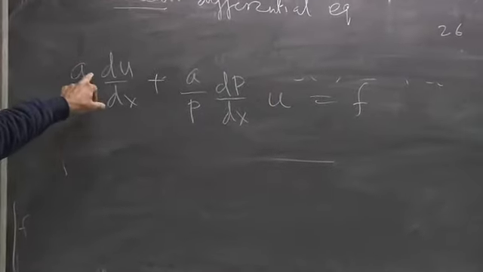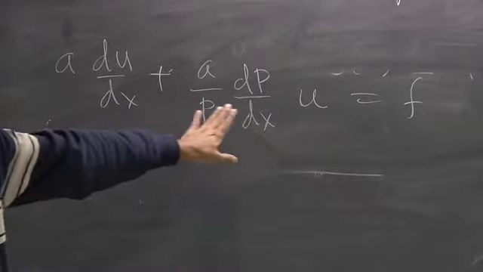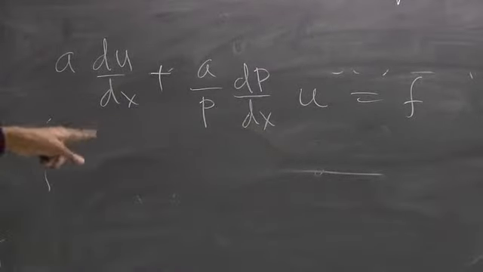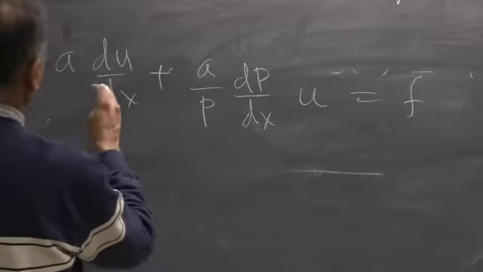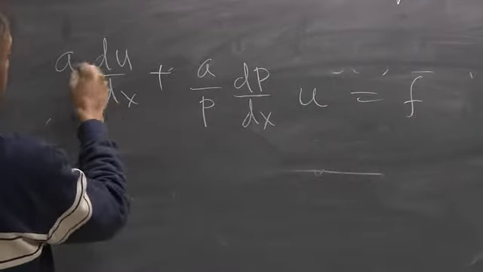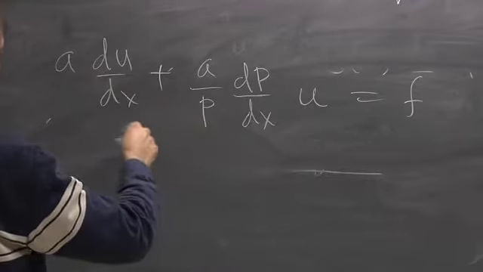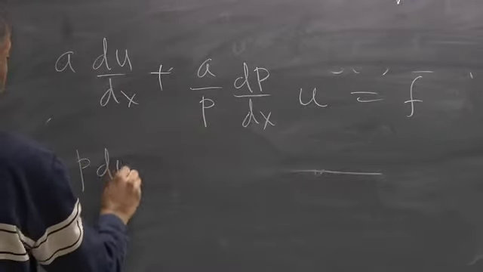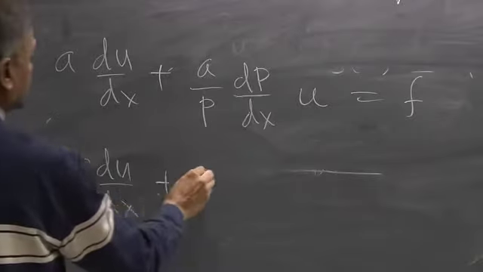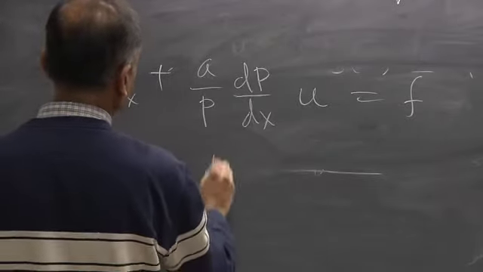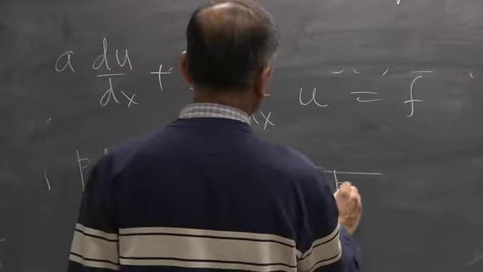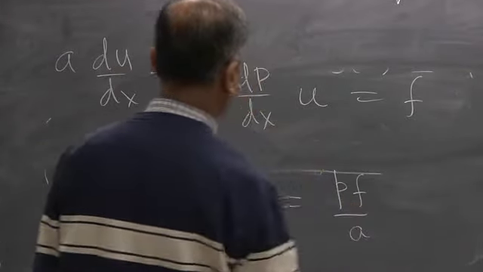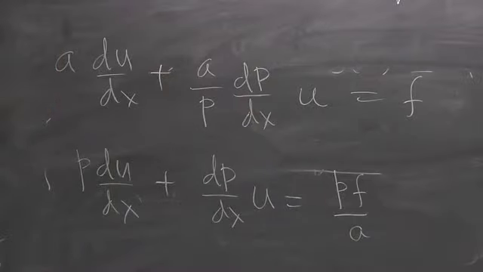These are all functions of x, they are not constants. Now you multiply the entire thing by p and divide by a. So you get p du by dx plus dp by dx u is equal to p f over a.